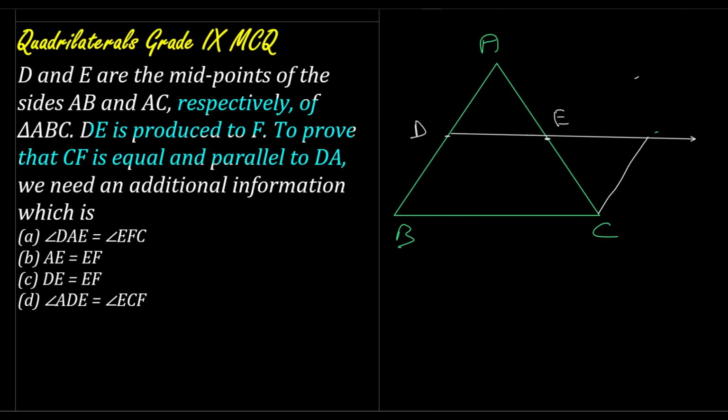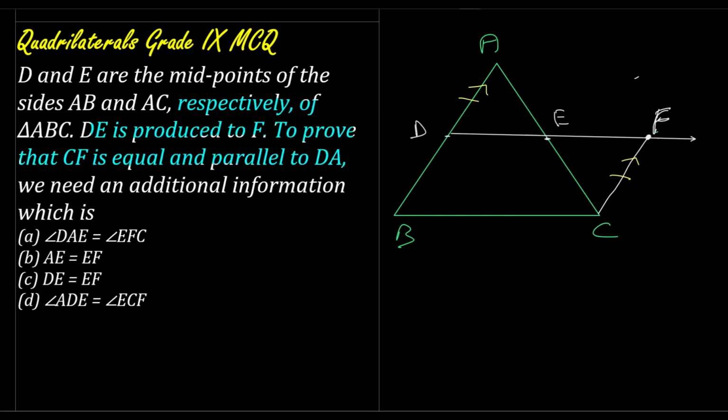And I name this as F as per the question. This is the point F. So it says that CF is equal and parallel to DA. That means DA and CF are equal and parallel. So for that, what additional information is needed?